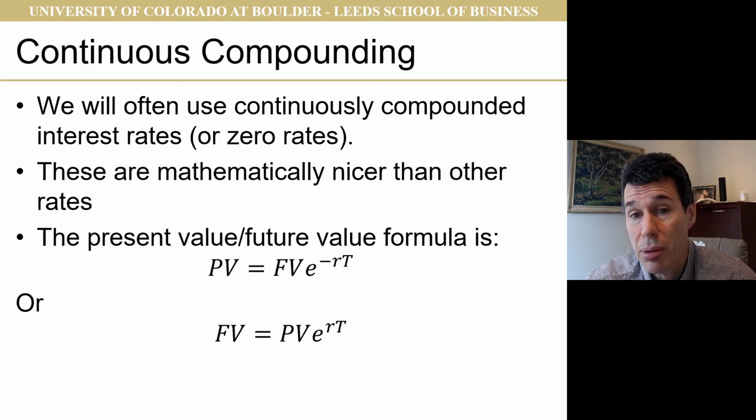And so there are some properties of continuously compounded interest rates, which are only sort of true for other interest rates. And so we will often, when not working in the market, when not quoting things in the market, we'll often use continuously compounded interest rates rather than other kinds of rates.